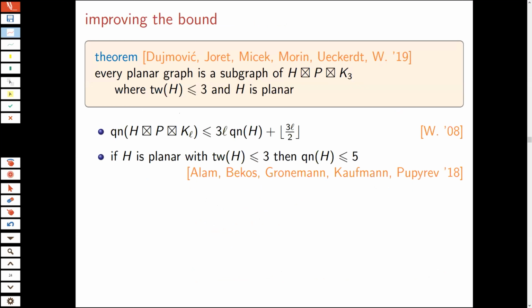And then there's this nice theorem of Alam et al, and it says exactly what we need. It says if H is planar with tree width at most 3, then the Q number of H is at most 5. This is exactly applicable to Pemmaraju's supposed counterexample. This is exactly the class that he thought had unbounded Q number.